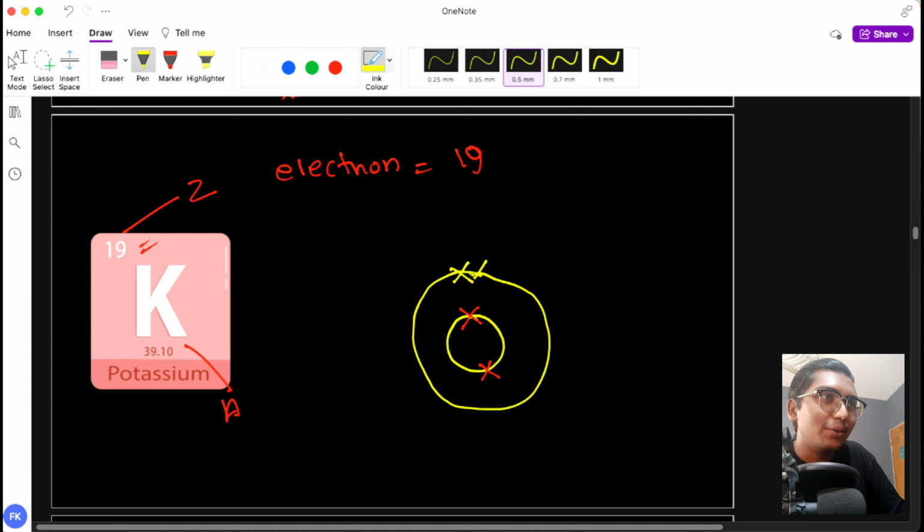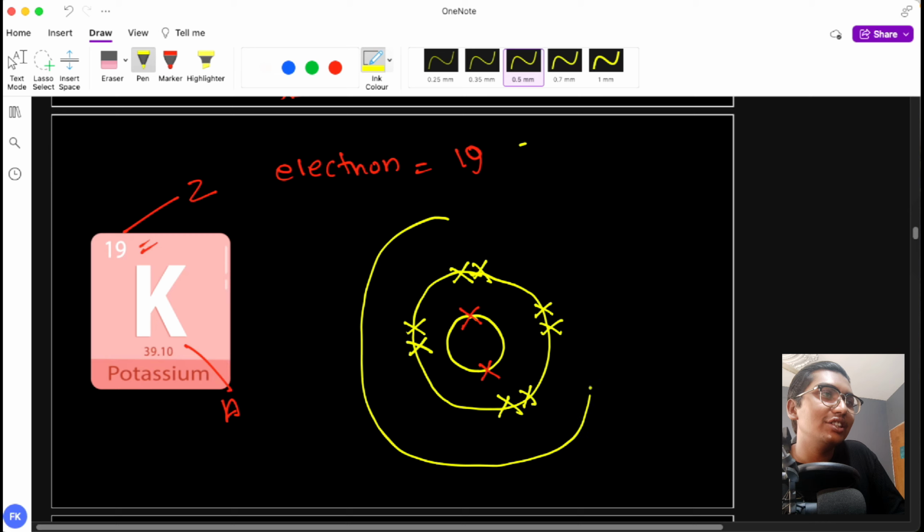Let's write 8. 1, 2, 3, 4, 5, 6, 7, 8. So how many electrons have we used? 8 plus 2, 10. 10 already done. How many do we need to place? 19. Let's draw a third shell.